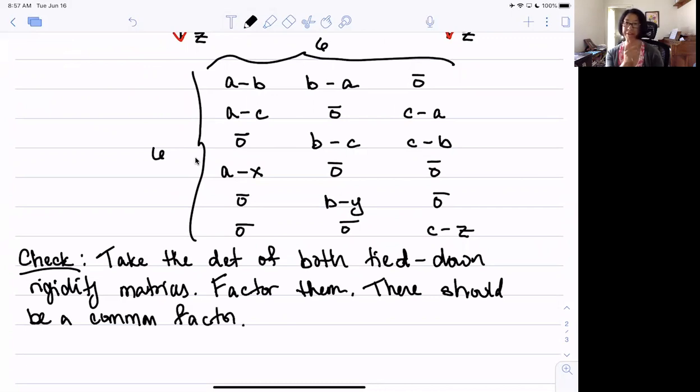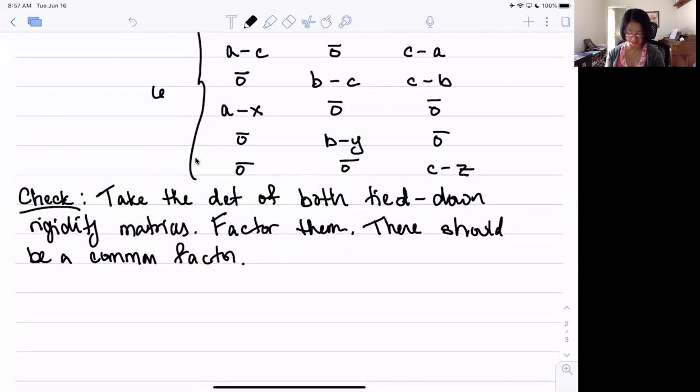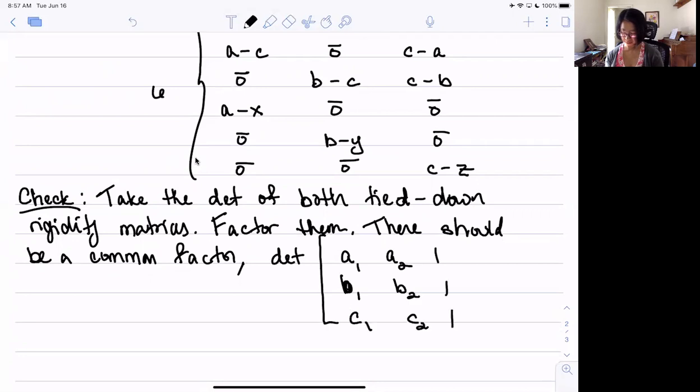If figuring out how to factor is difficult in MATLAB, I'm not sure how easy it is. The common factor should be the determinant of this matrix. It's a 3 by 3 matrix where, if you think about A as A1, A2, it'll be A1, A2, 1, B1, B2, 1, C1, C2, 1. So the determinant of that matrix should divide the determinants of both of those rigidity matrices.